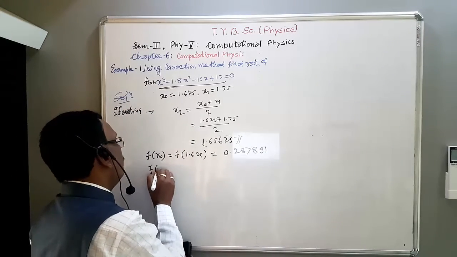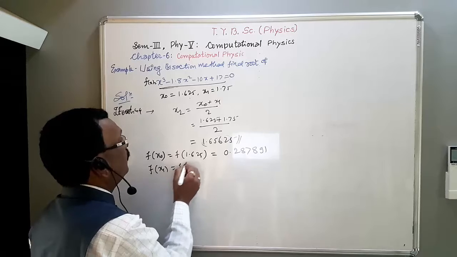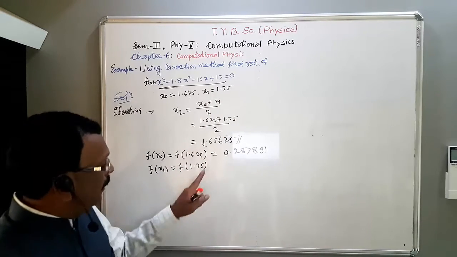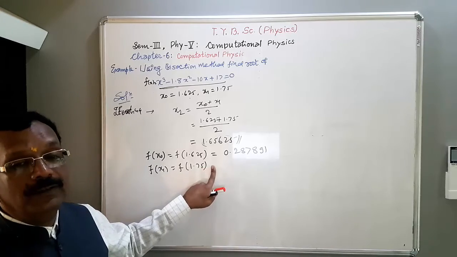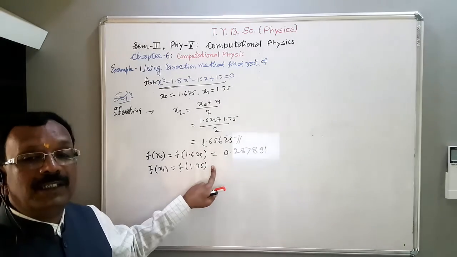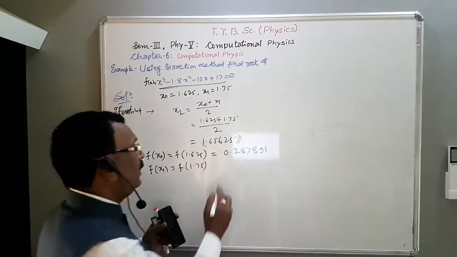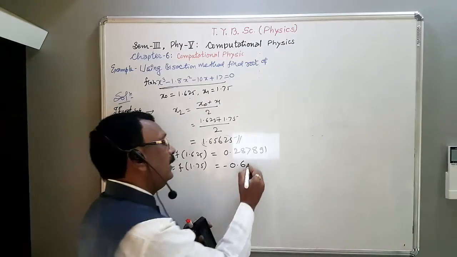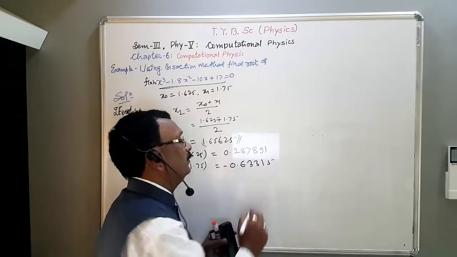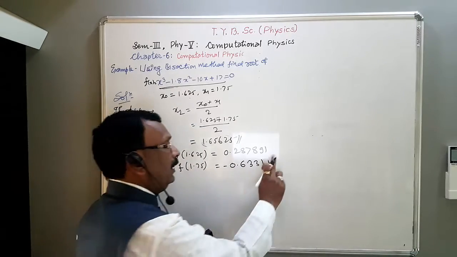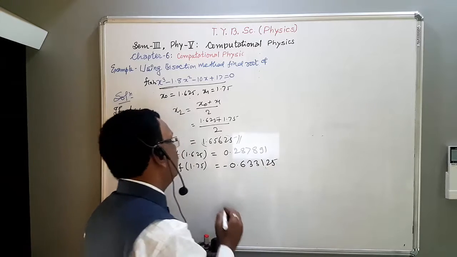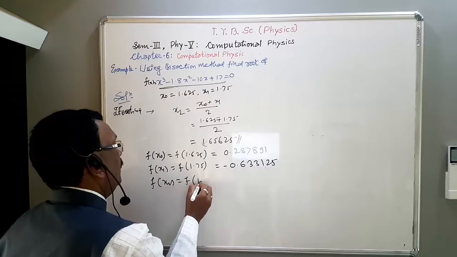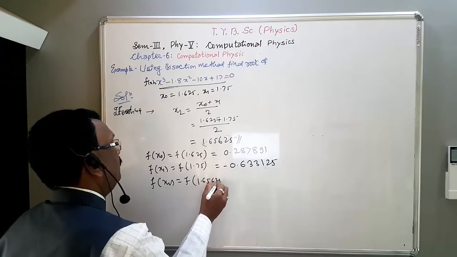Then f of x1, that means f of 1.75. We also have this value, which was calculated in iteration number 3, and this is nothing but minus 0.6315, or 33125. Okay. And now f of x2, that is f of 1.65625.